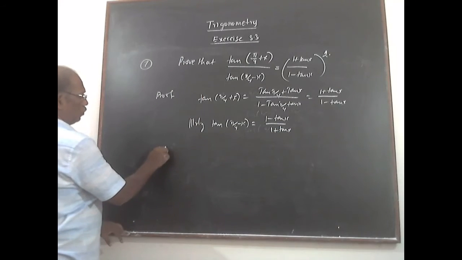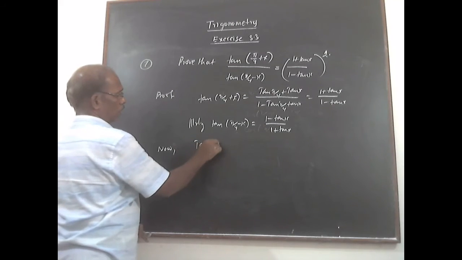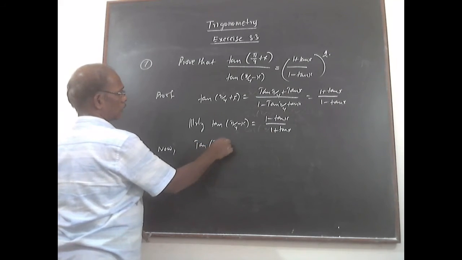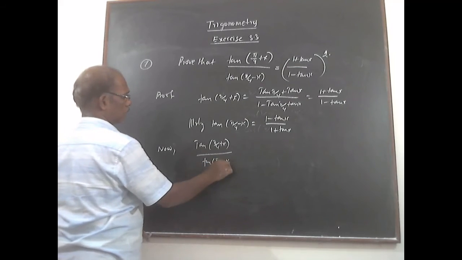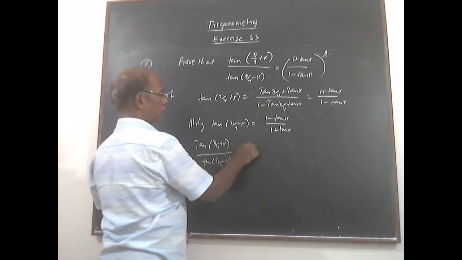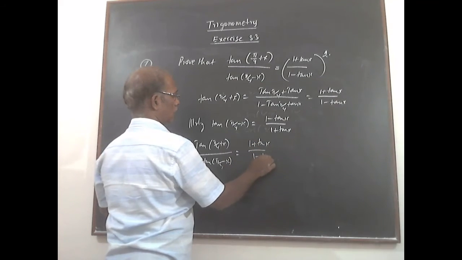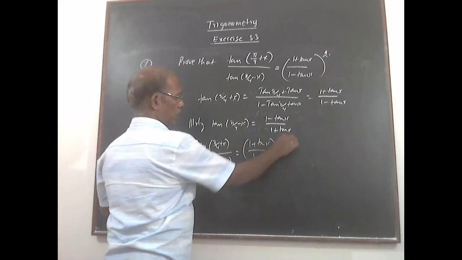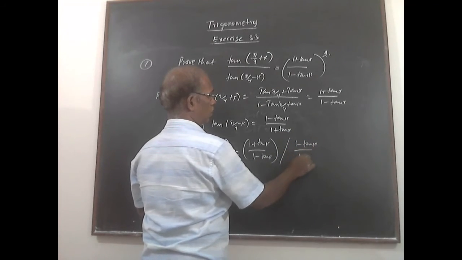Now we can use the result, tan of pi by 4 plus x and tan of pi by 4 minus x. For the numerator, 1 plus tan x by 1 minus tan x, division 1 minus tan x by 1 plus tan x.